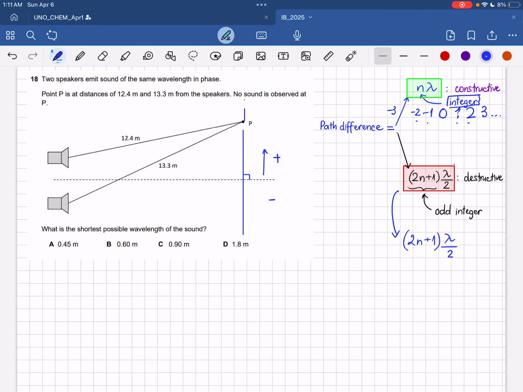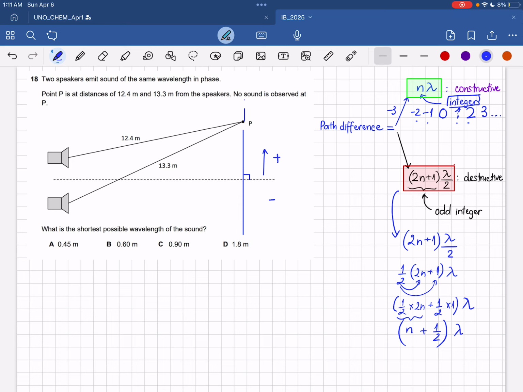We can distribute the 1/2 into the terms, so we get 1/2 times 2n plus 1/2 times 1, together multiplied by lambda. So this is n plus half.